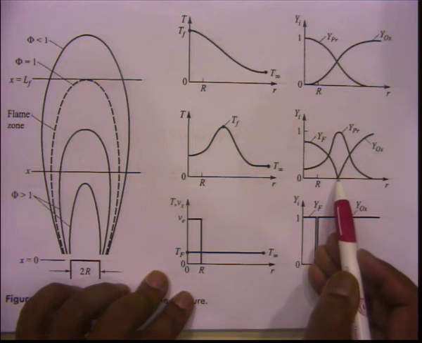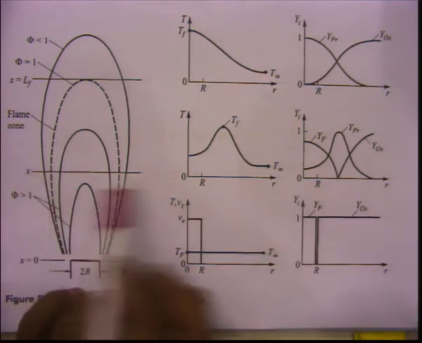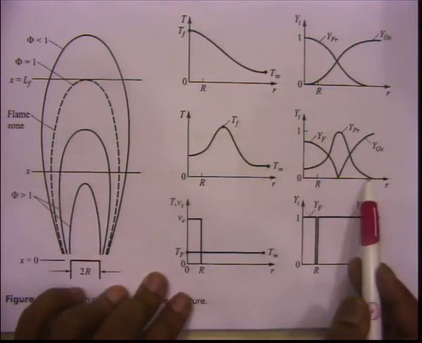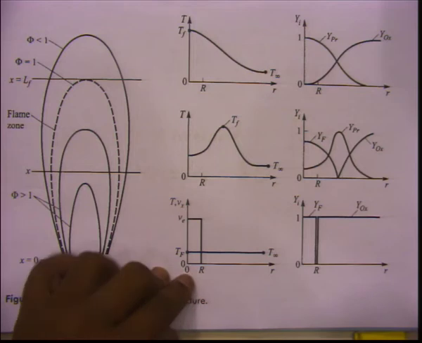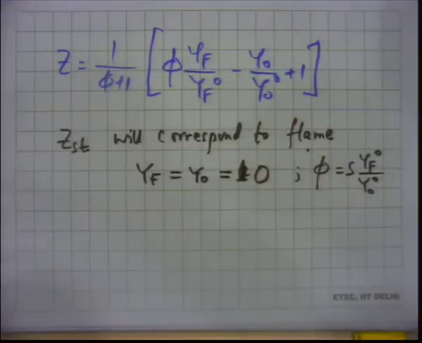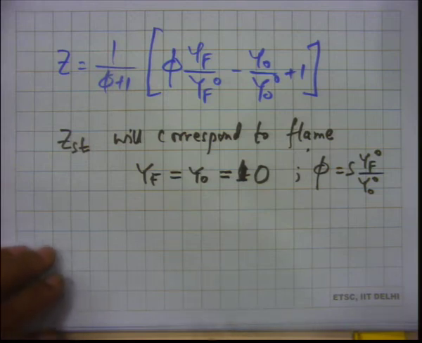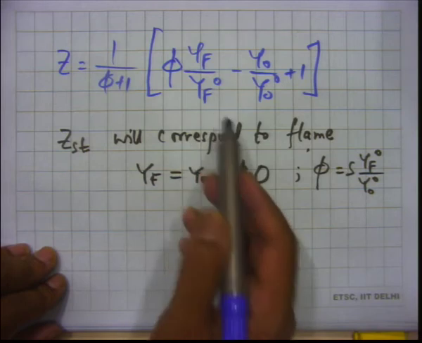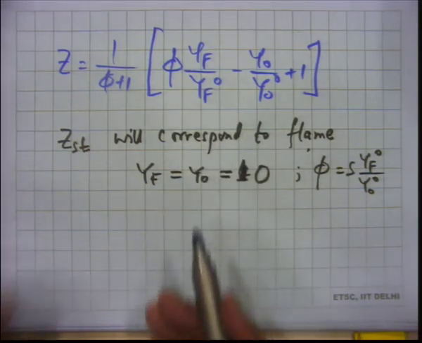YF is 0, YO is 0 at the flame. Remember, this is on this plane. So, if both are 0, then Z stoichiometric will correspond to that.